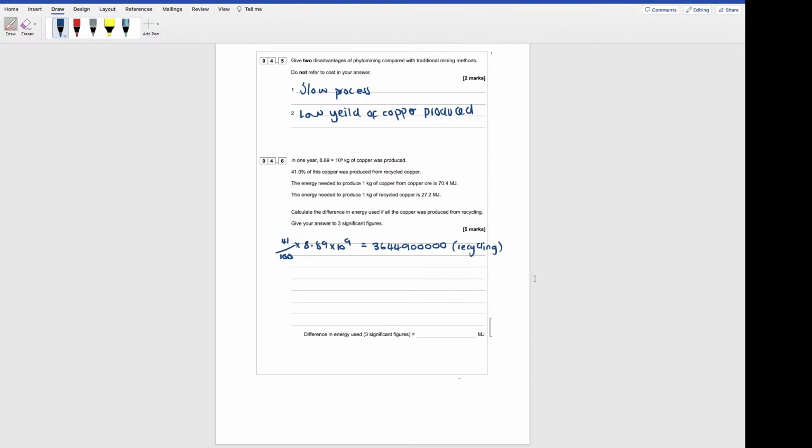So it said for 1 kilogram of recycled copper, let's have a look, it was 27.2. Now we've got way more than 1 kilogram, so we've got this value here multiplied by 27.2 MJ, and that will tell us how much energy it took to extract that copper.